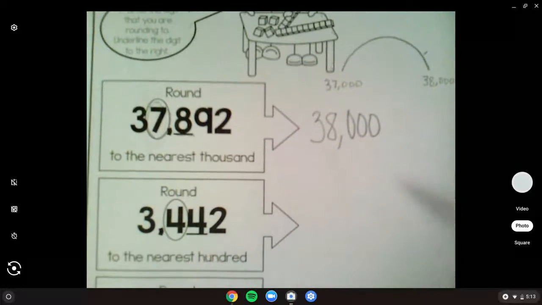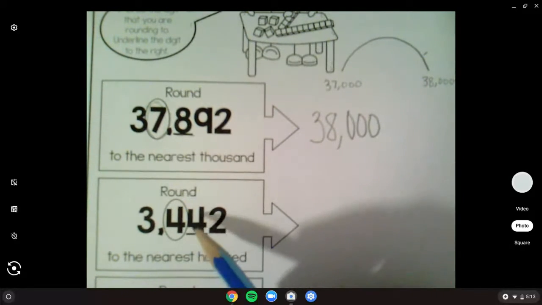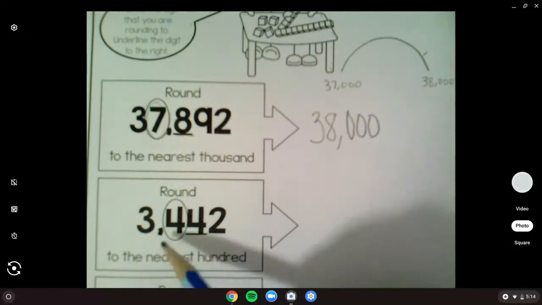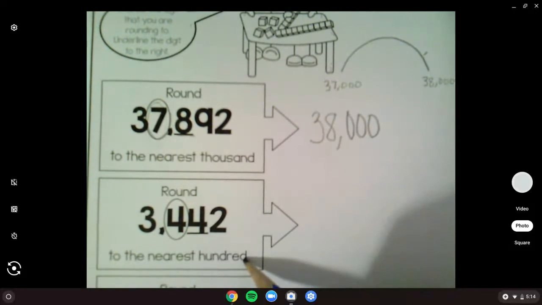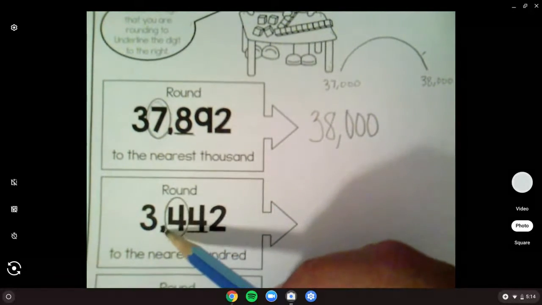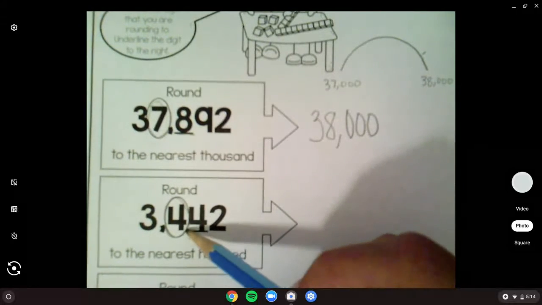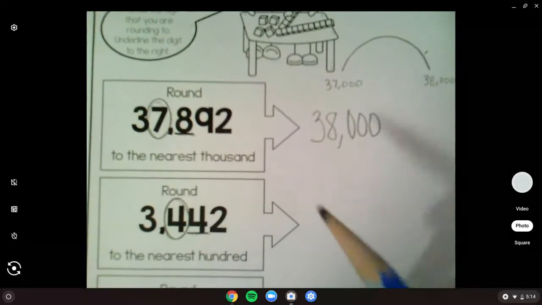So I have the number 3,442. This time they want us to round to the nearest 100. So I circle my 100 spot and I underline my right door neighbor.